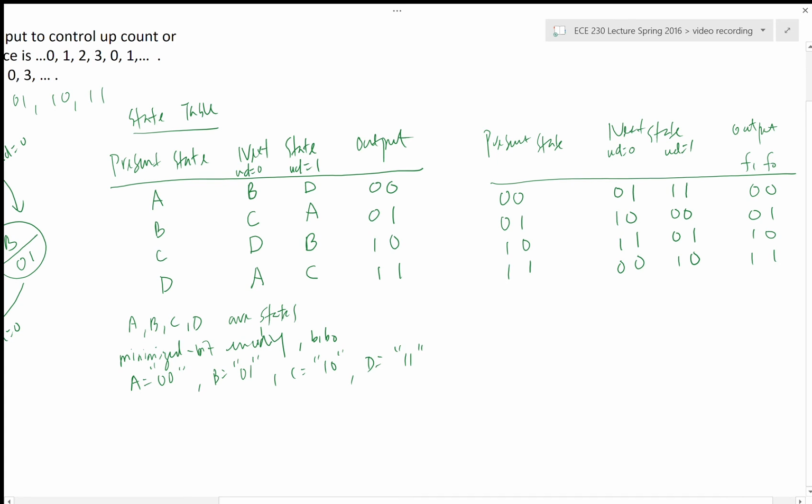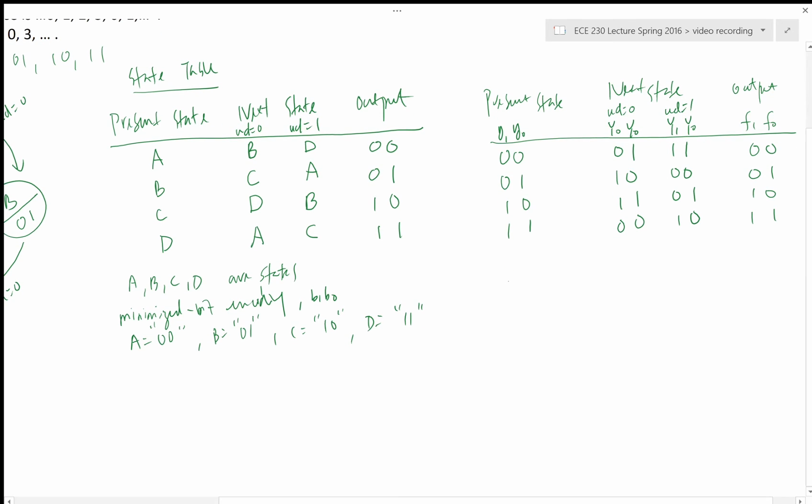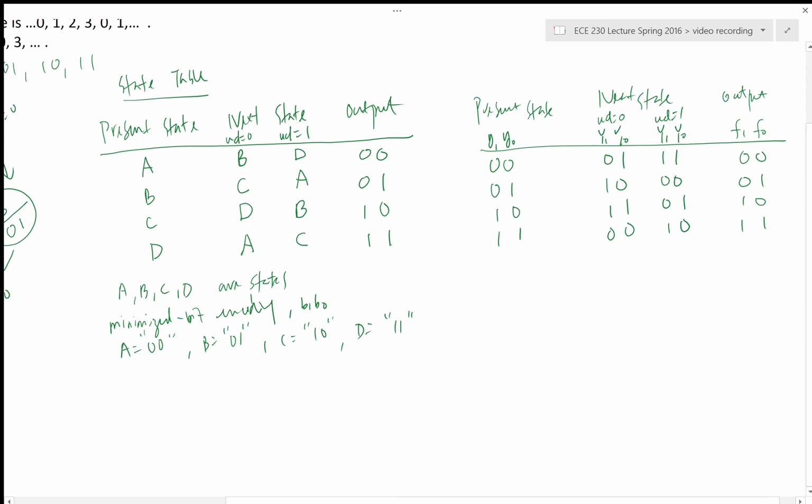We will label our present state with lowercase and next state using uppercase. So this is y1, this is y0.